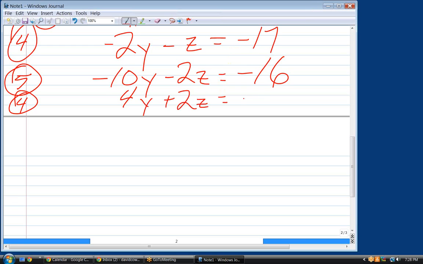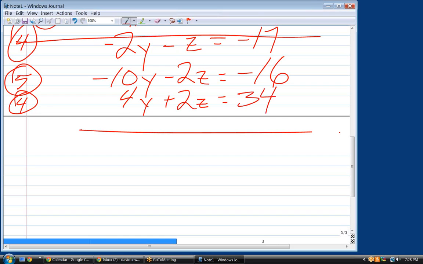Multiplying 4, yeah, so my negative 2 makes that 34, right? So that's my new equation 4 now. Now, what do I do now? Add them, so it'd be negative 6y equals what is that? Yeah. Okay, so y equals minus 3.